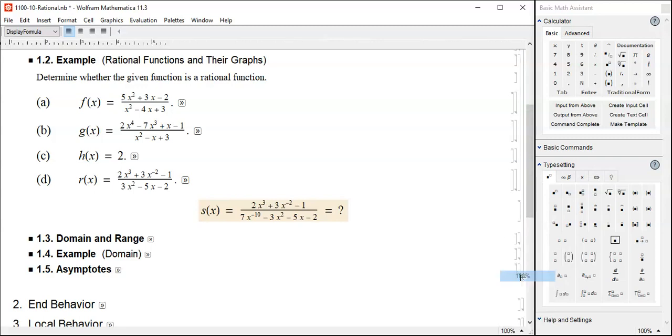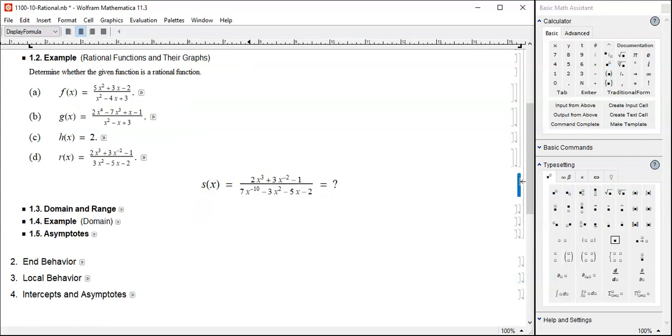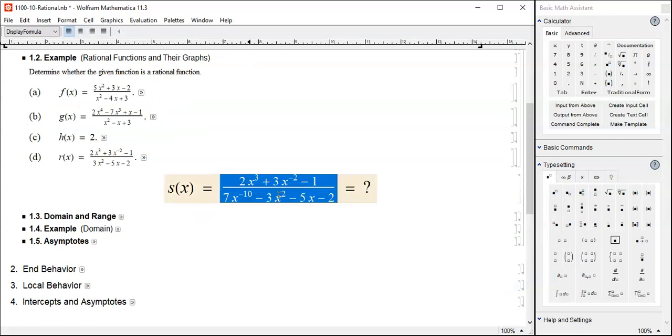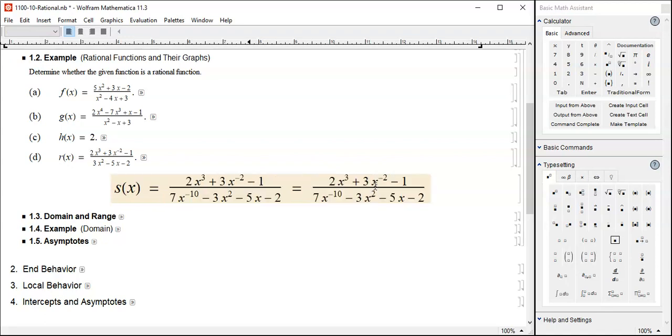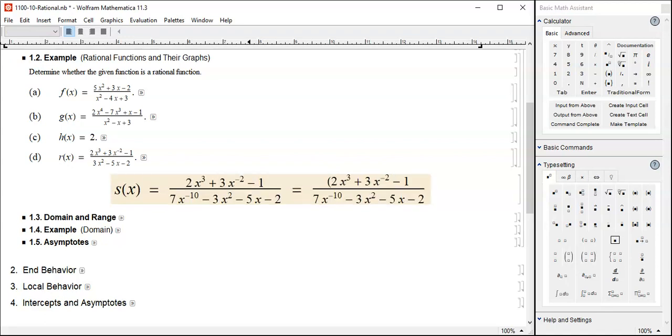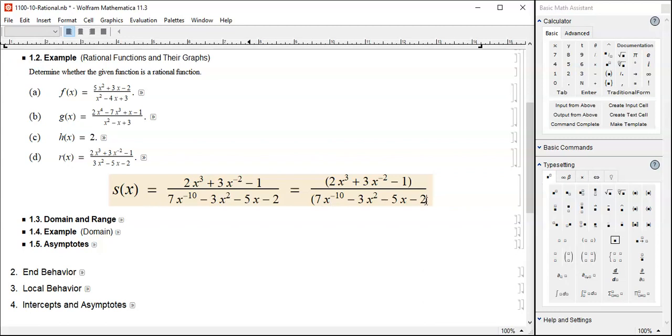Let me expand the font. All I have to do is to multiply a certain quantity both to numerator and to denominator. And what is that strategic quantity? You tell me. X to the what power? It's going to be 10th power.